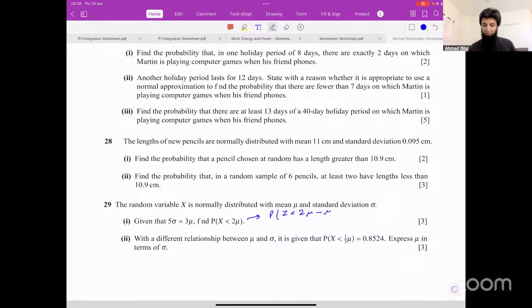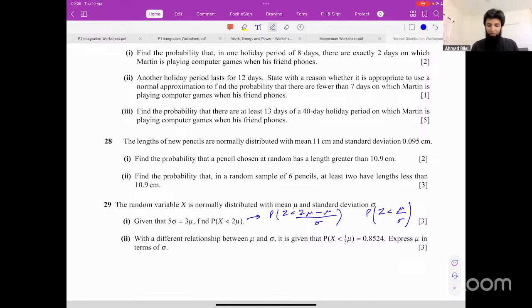So you get z less than 2μ minus mu divided by sigma, right? That will give you probability of z less than mu over sigma, right? This is the probability that you have to find out. Now you can't find this probability, right? Because this is mu and sigma, these are not numbers.